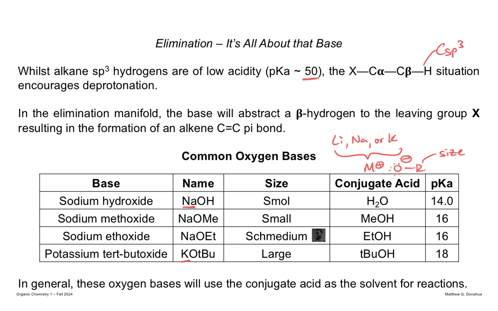So again, notice all of these, so all of those bases are ionic, and so if they're salts, then you really have to use a pretty polar solvent to do that. And typically what you would do is just use the conjugate acid of those. So the way you make these in lab, you would take, say, methanol and add sodium metal.